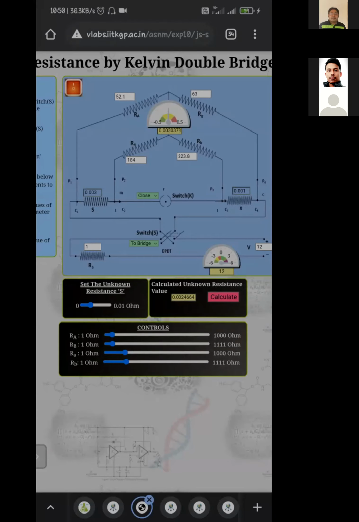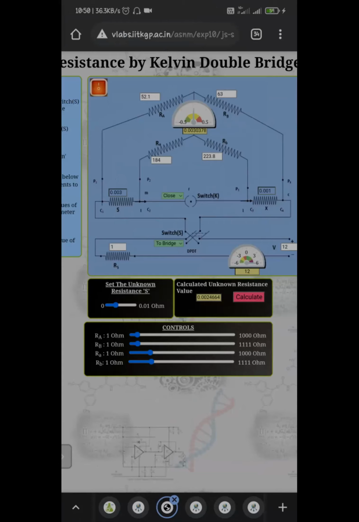Sir, let me take a screenshot, now calculate. It is coming, 0.024664. Okay, very fine. Your last two digits are 0.00, null position. Okay, fine.